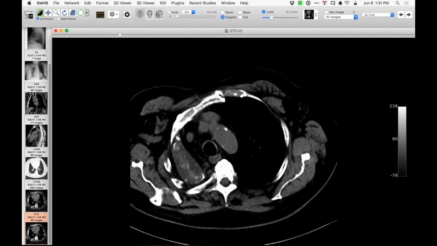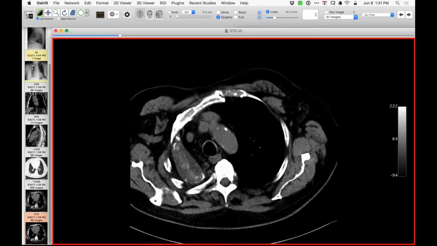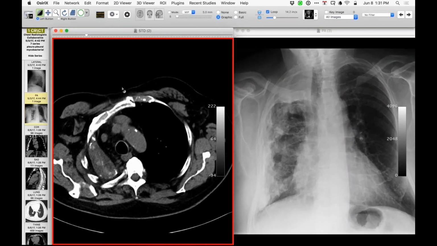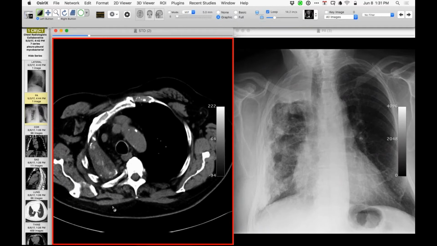I don't know if anyone has any ideas about what this might be. What they used for oleothorax was beeswax or paraffin, so that should have lowish attenuation and should be uniform. This looks high attenuation. They did that all extrapleurally. They stayed outside the pleural space.